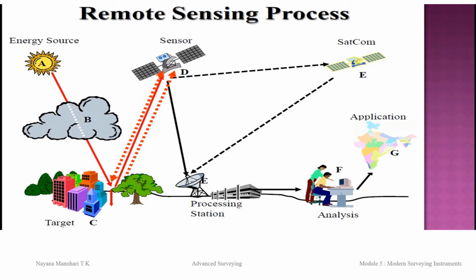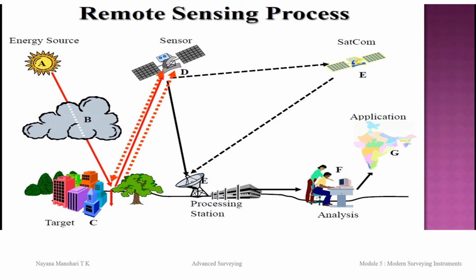Next, from this energy source, the electromagnetic radiation passes through B, the medium, that is the radiation and the atmosphere. As the energy travels from its source to the target, that is from B to C, it will come in contact with and interact with the atmosphere as it passes through.